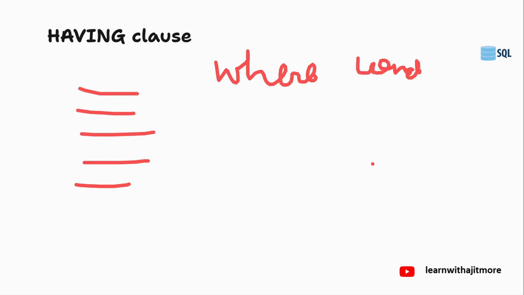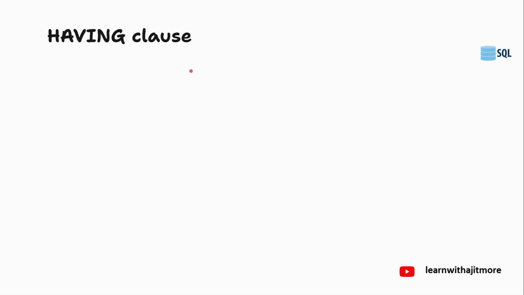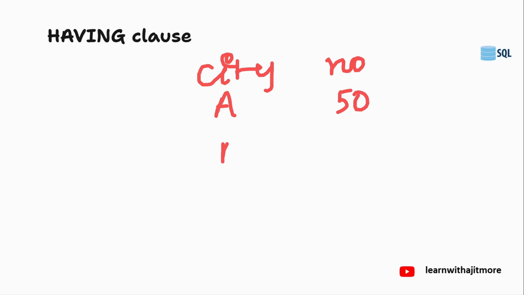So having is also for filtering, but does it filter individual rows, or the outcome of group by? Like I've done city-wise number of employees. I've done the grouping on the city column, and I have applied count on each group. So I've got each city and the number of employees in each city.